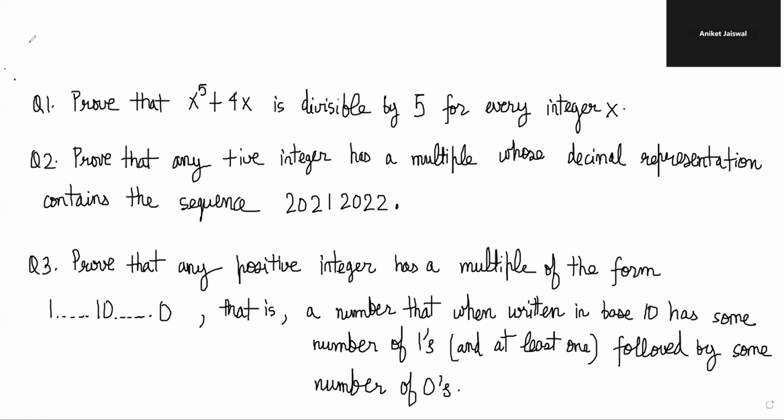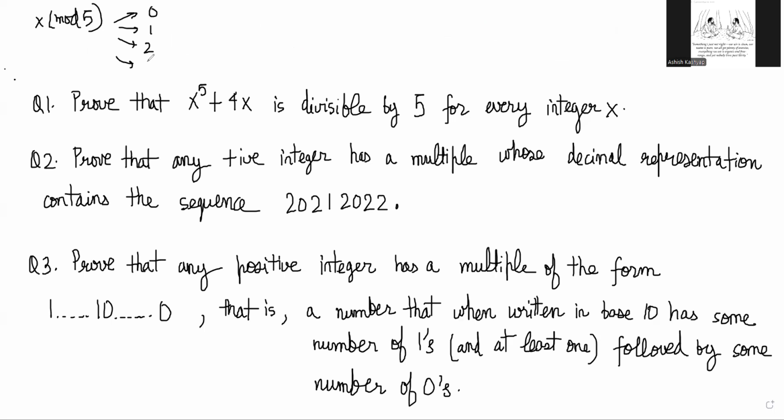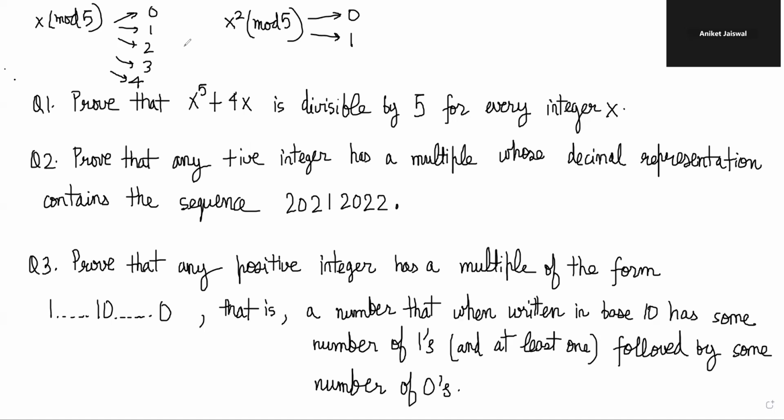If you think of x modulo 5, you have what options? 0, 1, 2, 3, 4. If you think of x square mod 5, what will happen? 0 will remain 0, 1 will remain 1, 2 will become 2 square, 4 mod 5. 3 square is again 4 mod 5, and 4 square is again 1 mod 5.